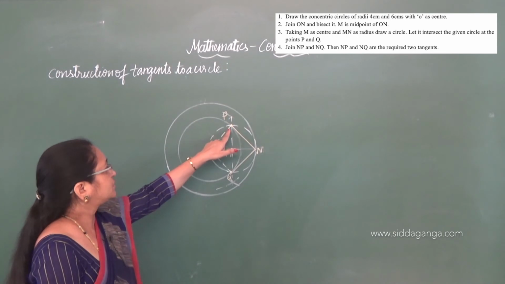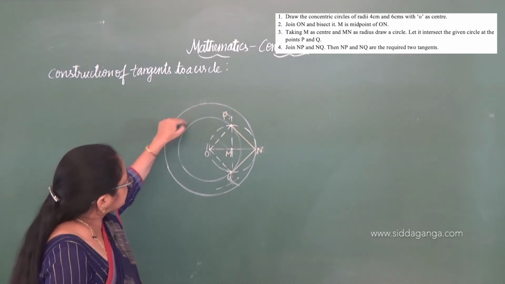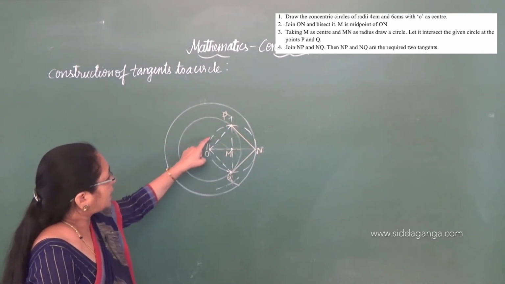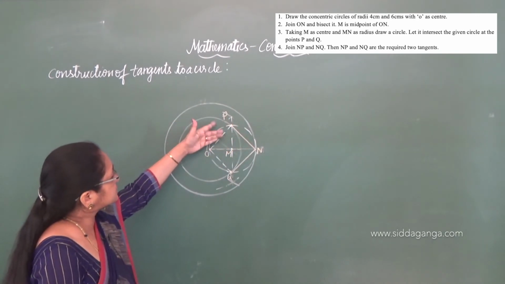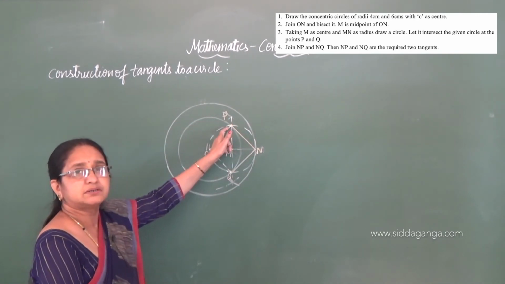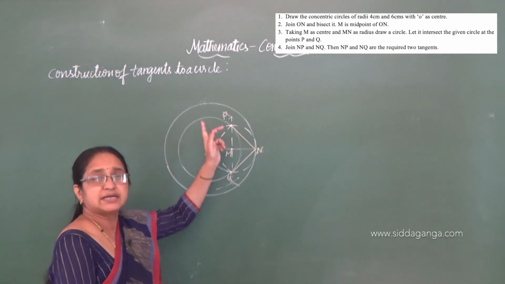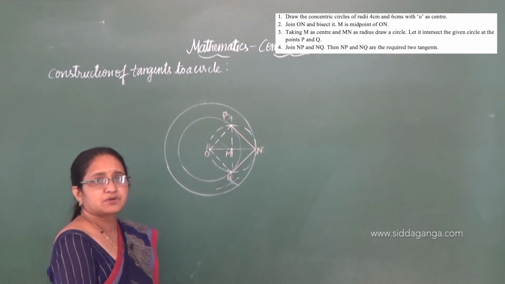So therefore definitely it is 90 degrees, and OP is the radius of this circle. Please observe carefully, OP is the radius of this circle and this is the line here. Since the radius and this line are perpendicular, definitely NP is a tangent to the given circle.